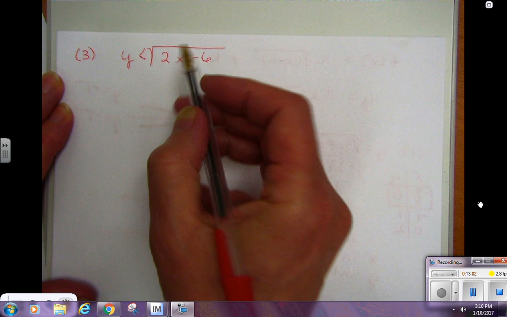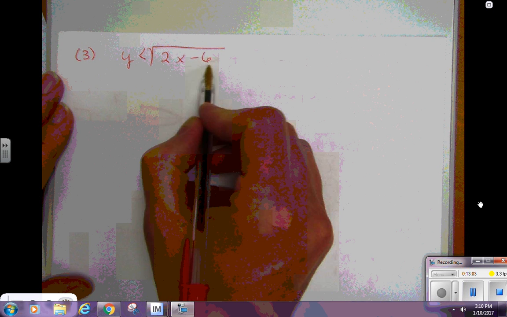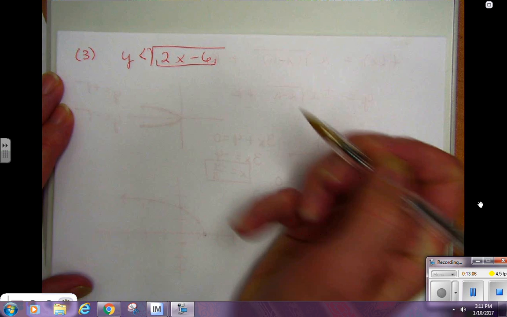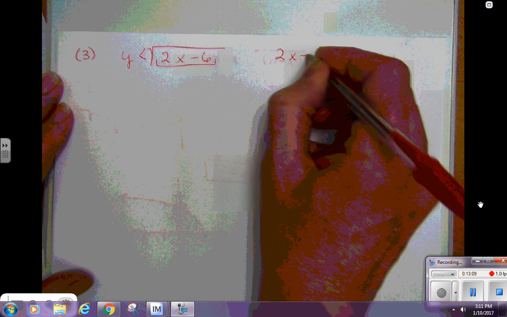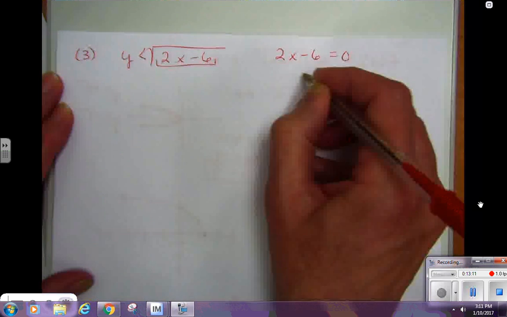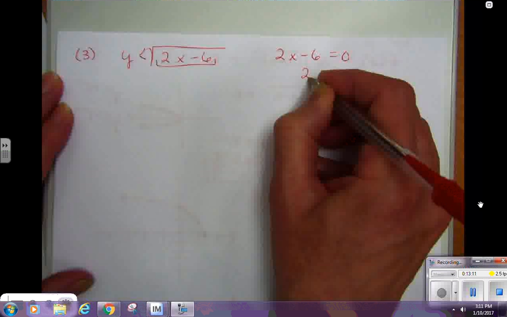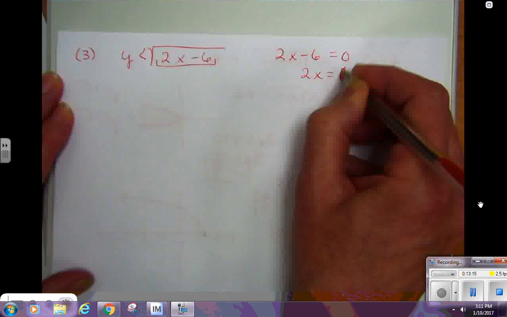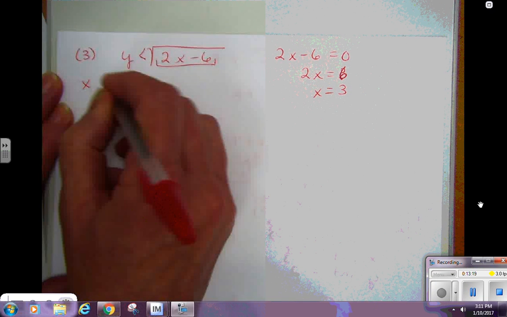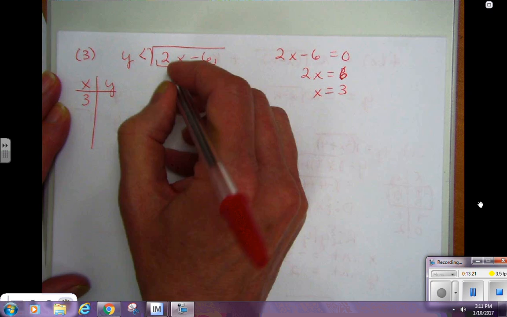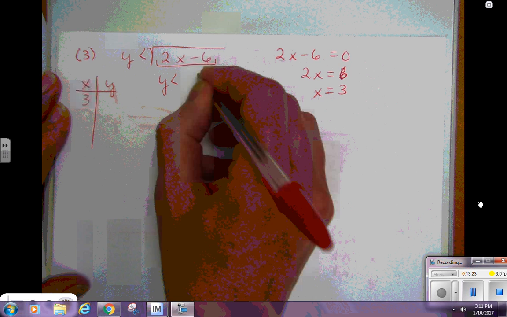I want to start out taking the radicand part, only the part under the radical, nothing else, setting that equal to 0, and solving for x, and that is going to give me my x coordinate where my graph will start. So the x is 3, so I'm going to plug my value back in.